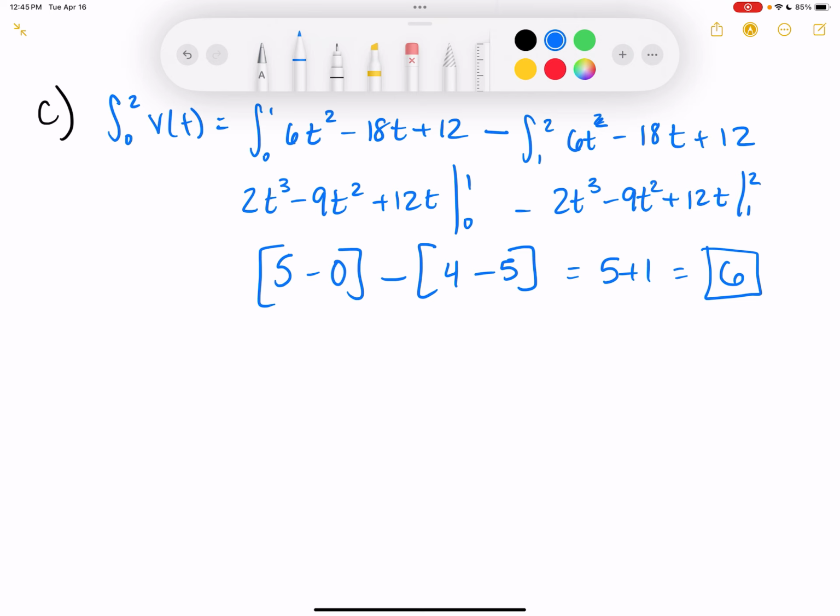All right, number 10, this is one we're going to need our calculator with NINT, just because it's a type of problem that you don't know how to solve yet.